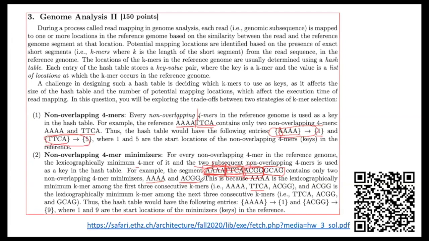Okay, I hope this is clear. The rest is what I exactly explained. So this is exactly what we store in the hash table, which are the k-mer itself and the start location of each k-mer. Here's 9, and here's 1.